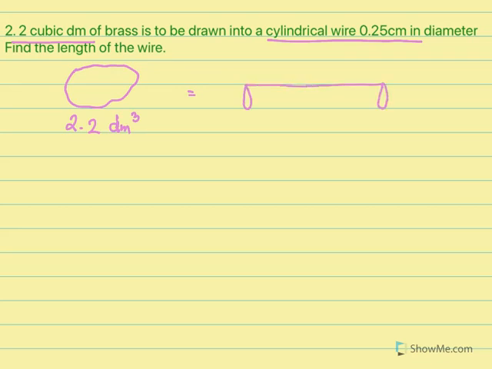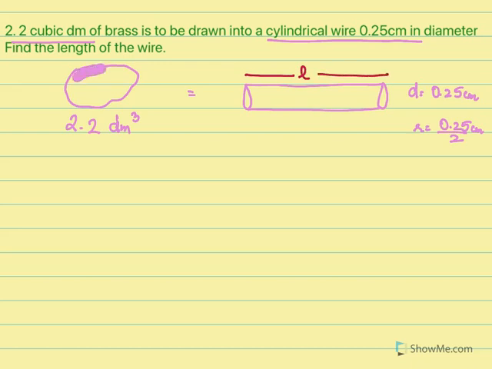So wire is the shape of a cylinder. Now the wire, the diameter is given as 0.25 centimeter, which means the radius is 0.25 by 2 centimeter. Our question is to find the length of the wire.